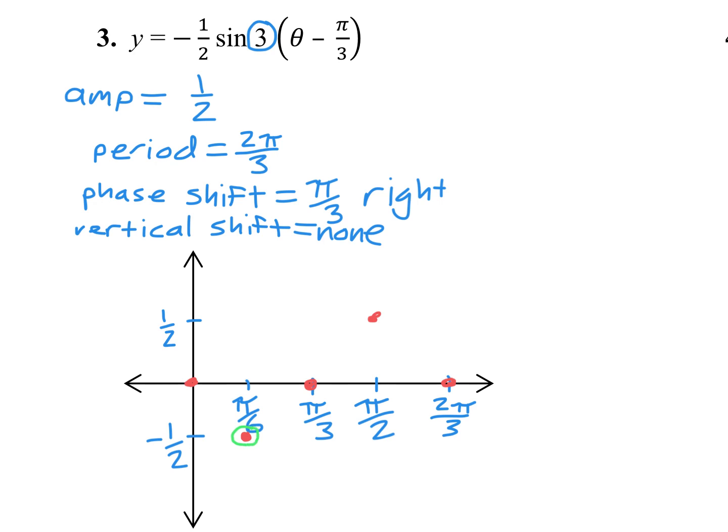And so if that's going pi over 3 to the right, that takes me over here. All right, so if we're on the bottom level for that one, then you have to go to the middle level next. And then as I go to the left, it has to go to the middle, and then the top, and then back to the middle. All right, so it kind of looks like a normal sine graph. So the negative and the shift to the right basically just made it look like a normal sine graph.